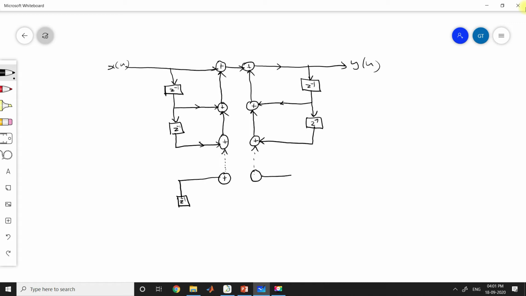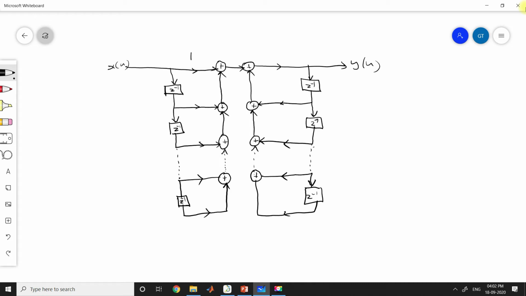Similarly at the other side, give the delay like this. Now give the parameters, x of n.